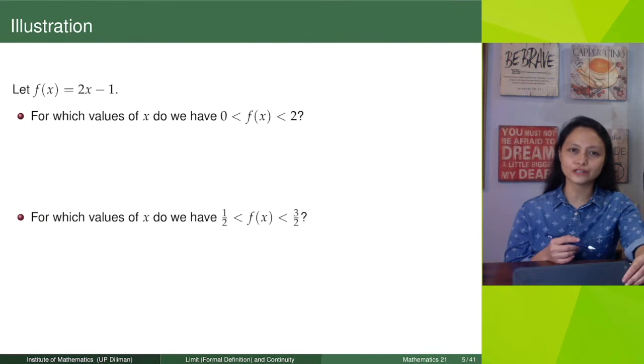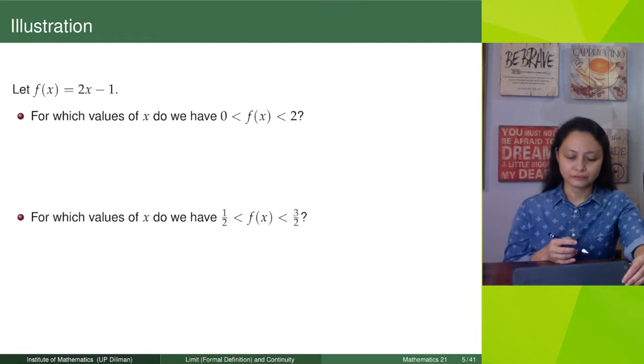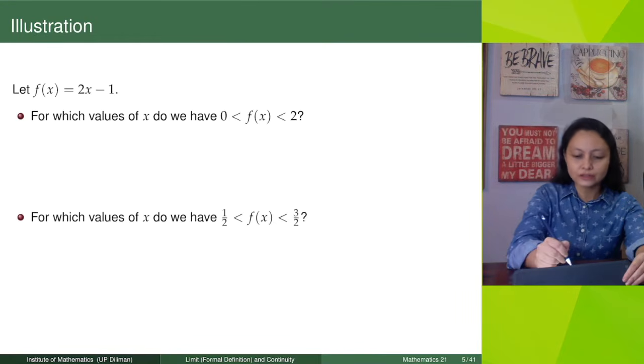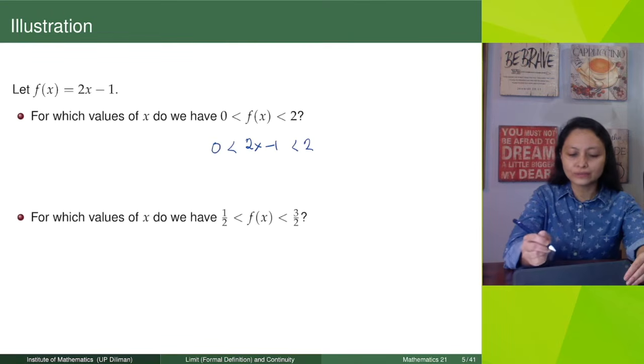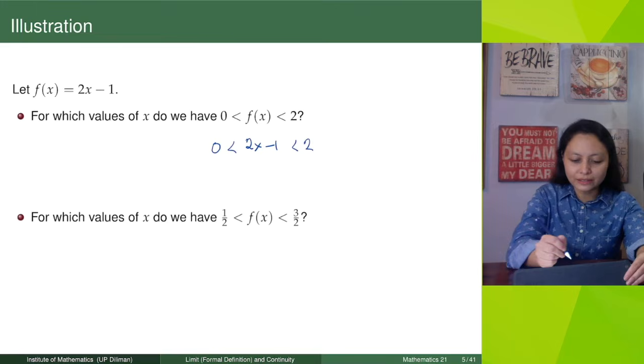First, let's look at this example. Let's consider the function f of x equal to 2x minus 1. For which values of x do we have this inequality? We just solve this inequality, so f of x is 2x minus 1, and this is less than 2 but greater than 0. Isolating x, we can add 1 to both sides of the inequality. We have 1 less than 2x less than 3.